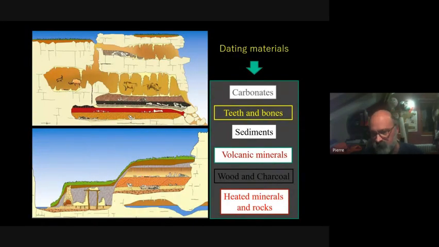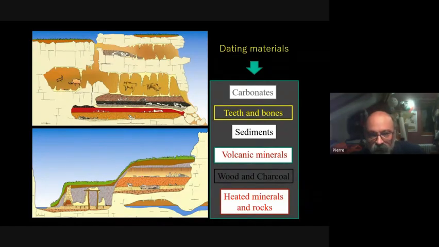So in many types of sites, open air or in a cave, we have different supports that we can use. We can use carbonates, stalagmite floors, or speleothems if we are in a cave, but also carbonates in association with living material like shells.